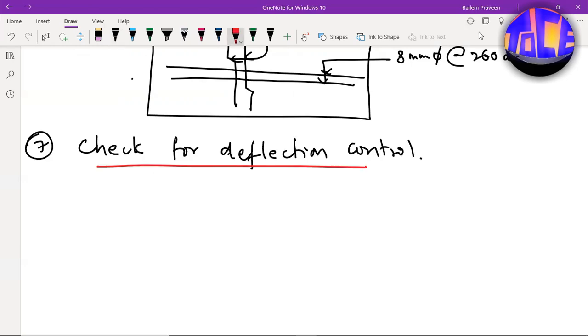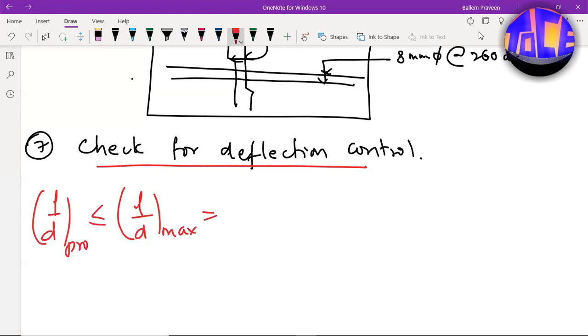So for deflection control, we know that the L by d provided should be less than or equal to the maximum or limiting L by d ratio. What is this L by d max value? It is L by d basic value that is provided in IS 456 into Kt into Kc.